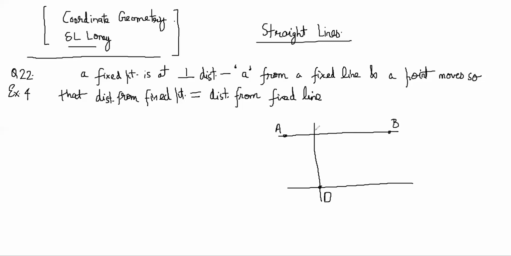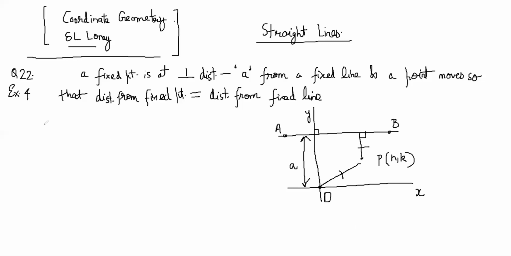The axes of coordinates: one axis is perpendicular to it and one axis is parallel to it, as mentioned in the question. Now, the fixed point is at a fixed distance A from the fixed line. A point moves, let's say a variable point P(h, k), so that its distance from this and its distance from this are the same. So this distance must be equal to this distance.